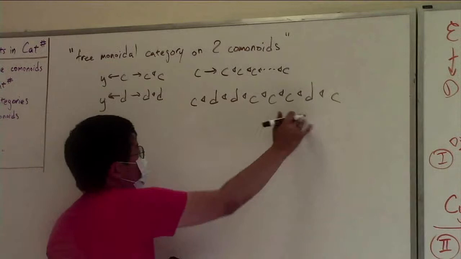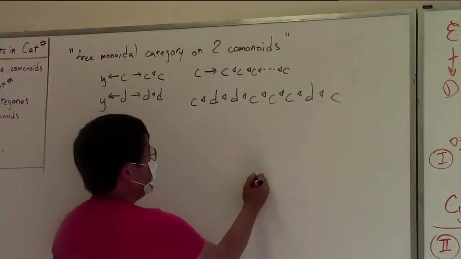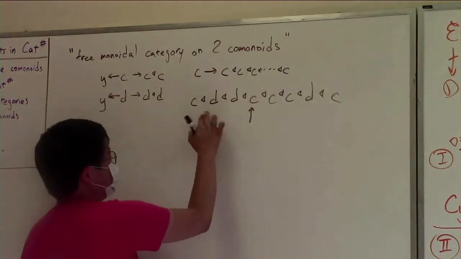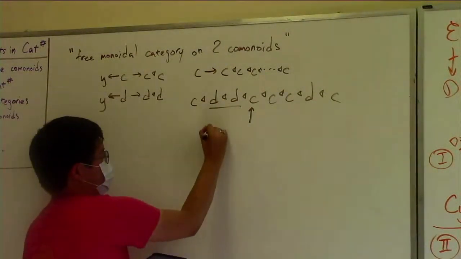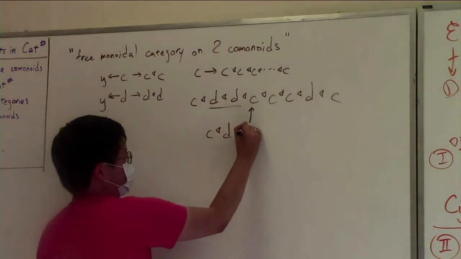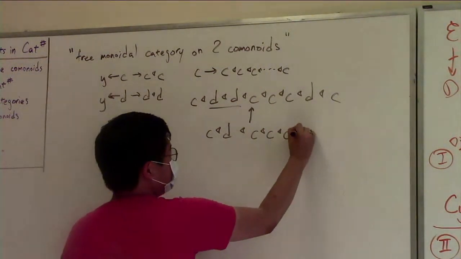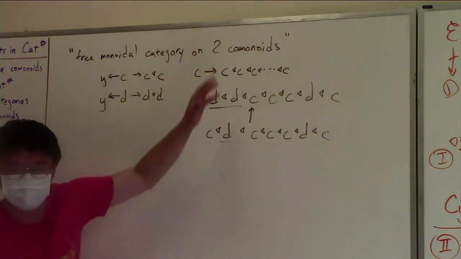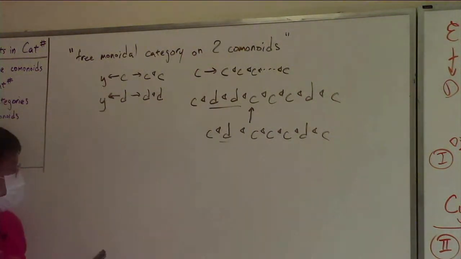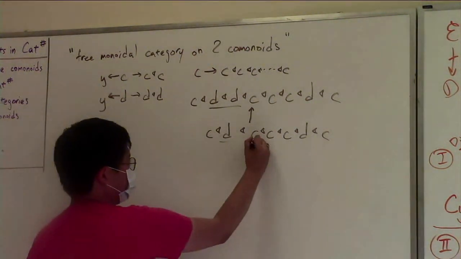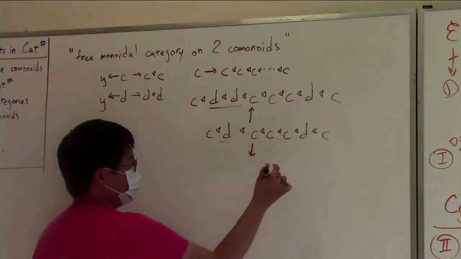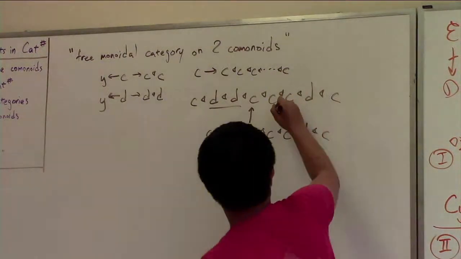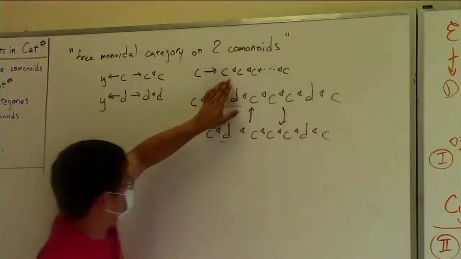So for example, out of this, there should be a way of going, right, we have two D's in a row here, so there should be a way of going from this thing to this thing via the duplication on the comonoid. But there should also be a way of going from this thing to this thing by deleting one of these D's.